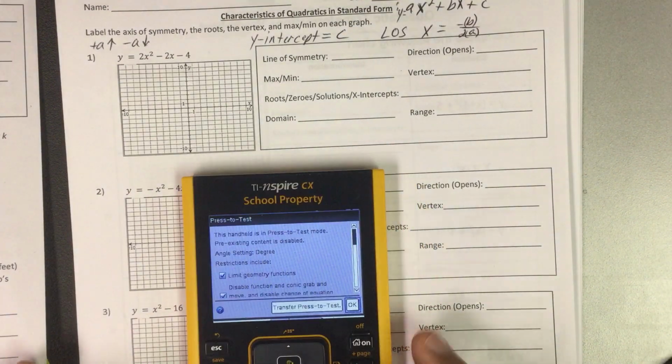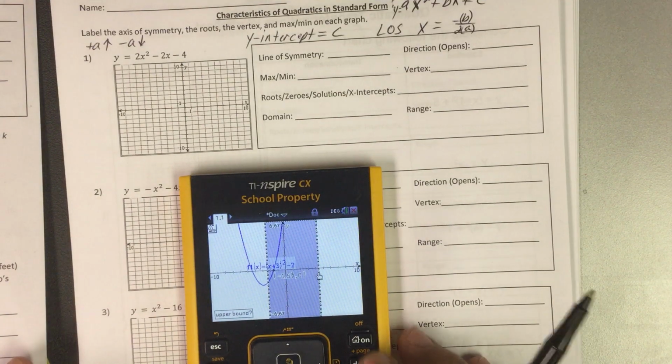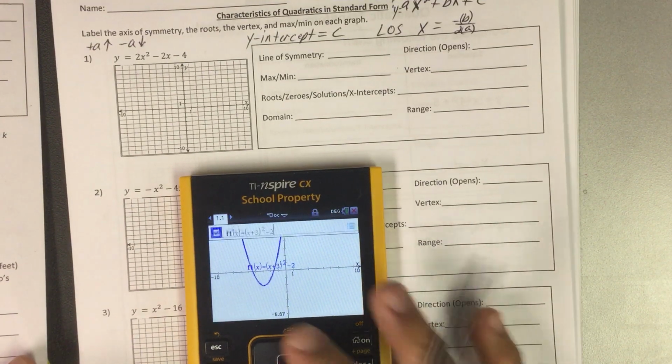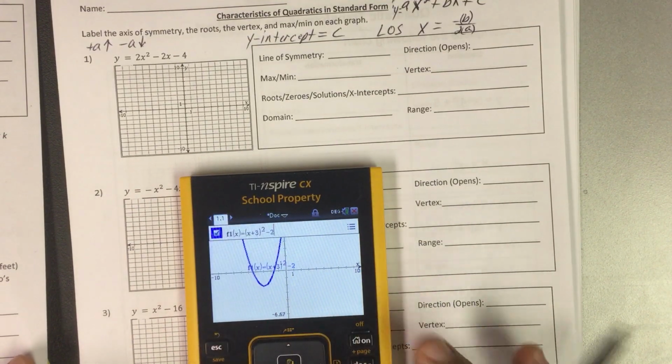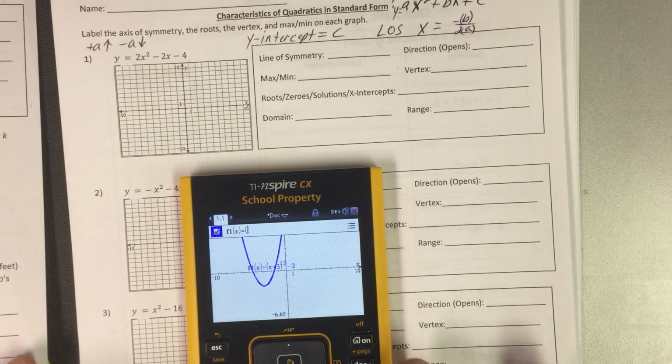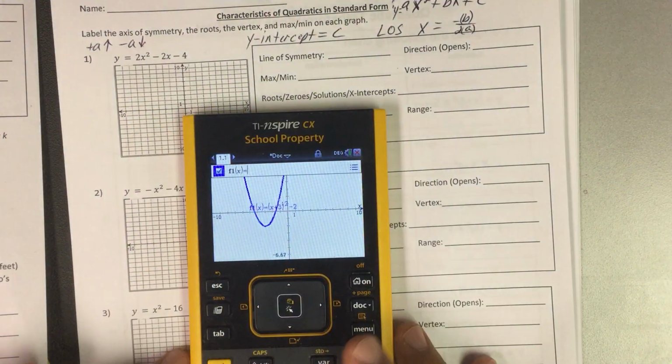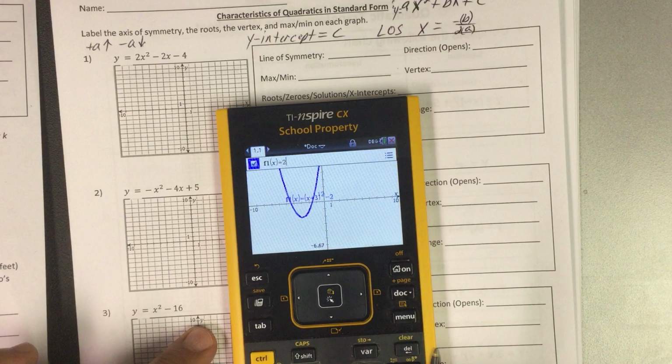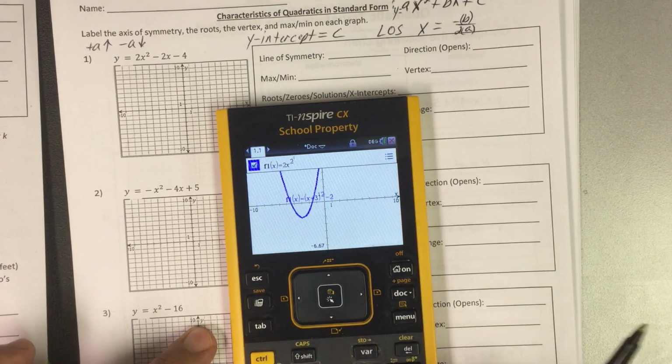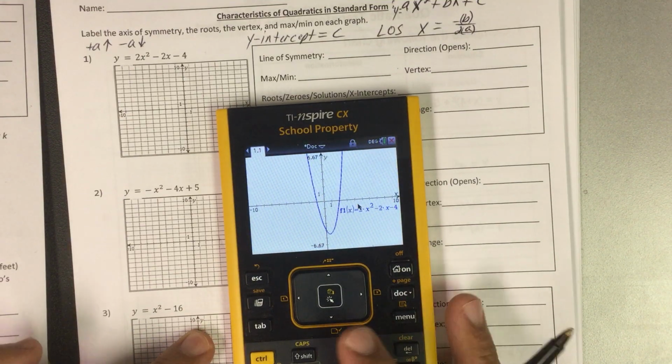So like this one, go to the first one, tab, just delete all this. I'm gonna put that in there just to start: 2x squared minus 2x minus 4. See what that looks like.